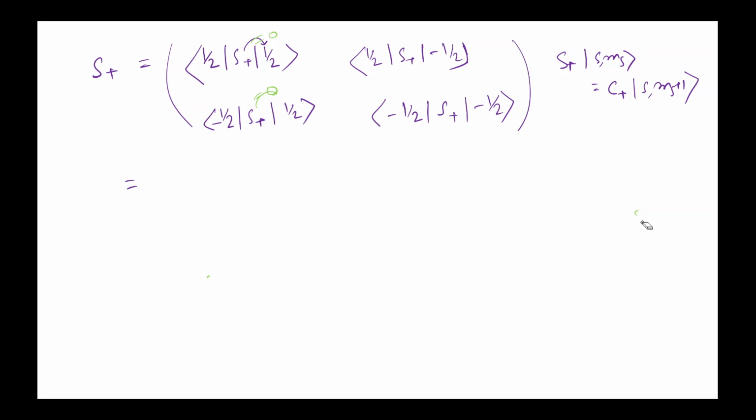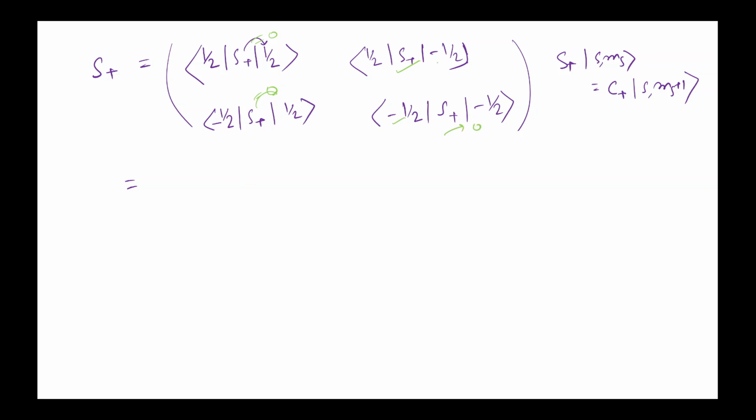So this will be 0, and this will have some value, right? Now how about this case? Now if this operates on this minus half, it will take you to the plus half, but here you have minus half. So because of the orthonormality condition, again this will go to 0, right?